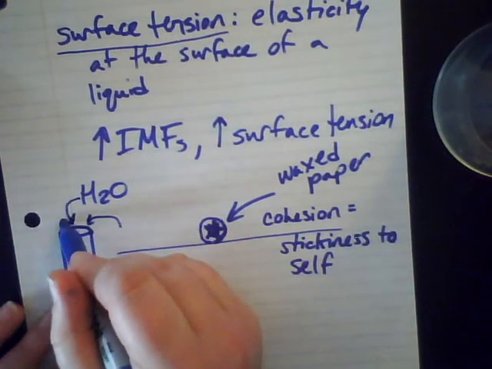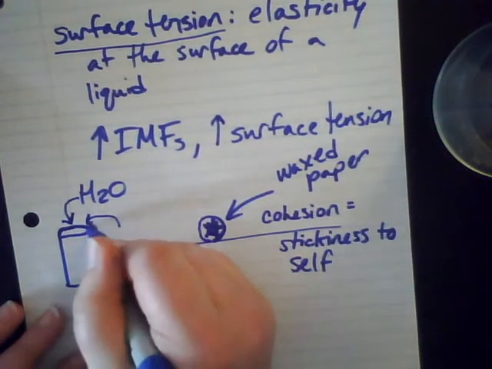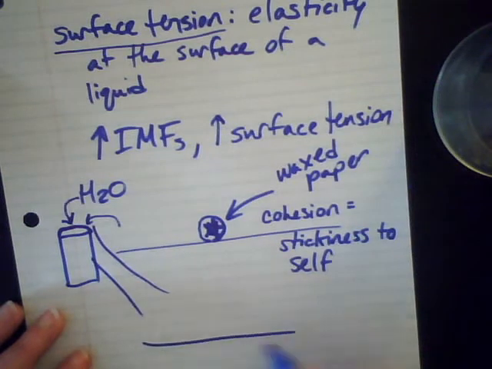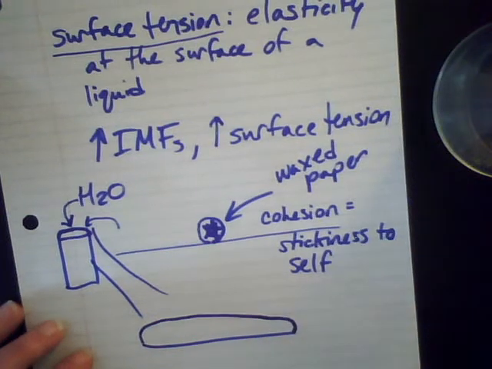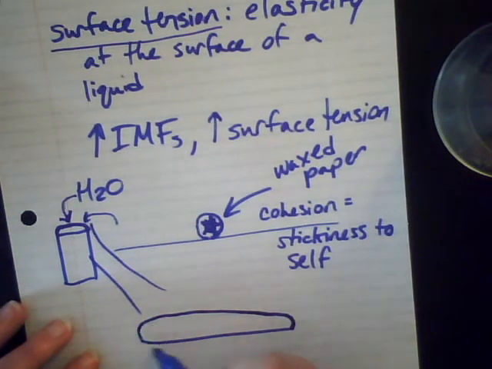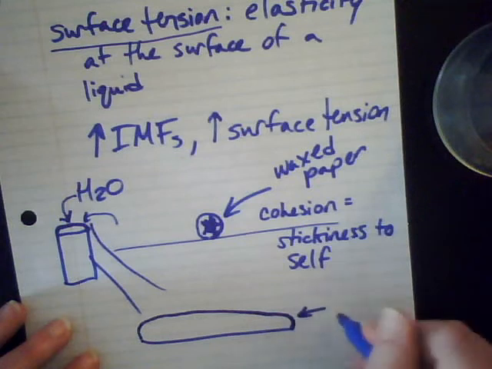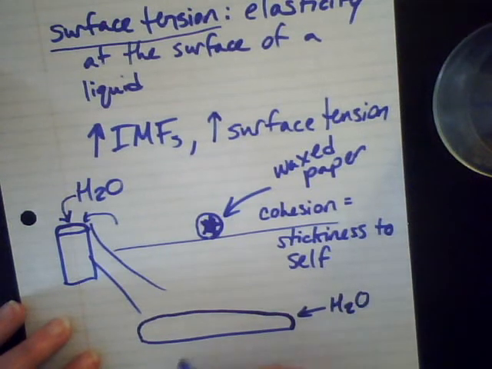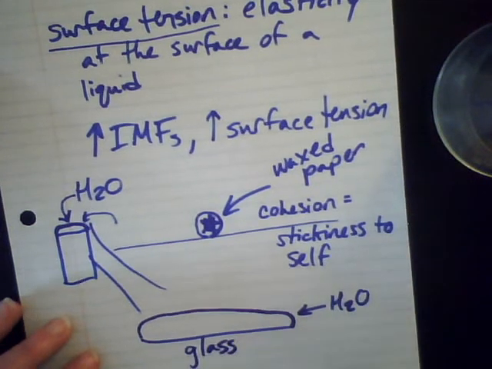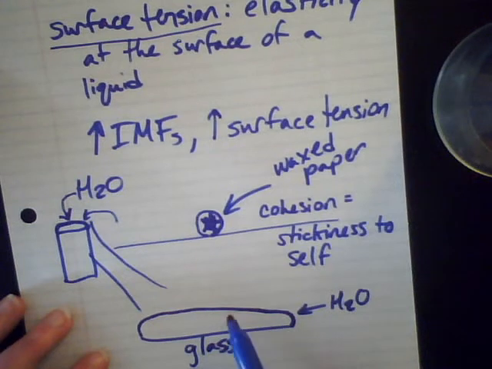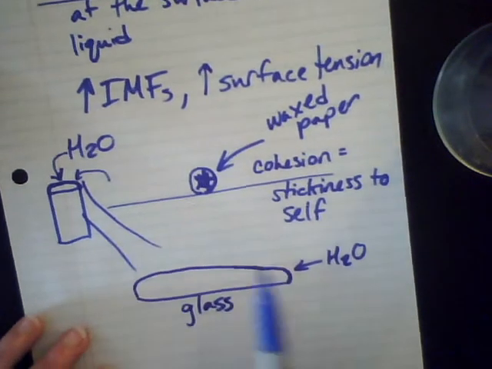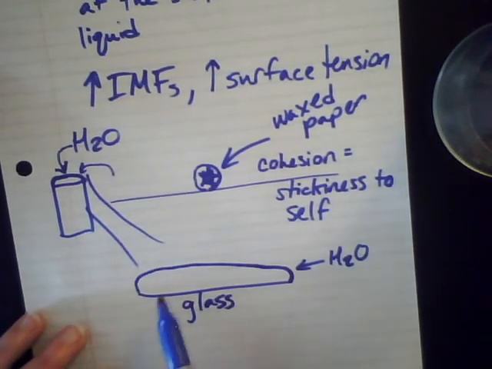So here's my water, it's right there on top. If I was kind of blowing up that, here's the surface of my glass, and here's my water over it, and so it's not quite overflowing, it's not quite spilling because of this little lip of water. So this is the surface tension, right? If I didn't have any surface tension, if I overfilled it, all of this liquid would come out of the glass and it wouldn't hold like this.